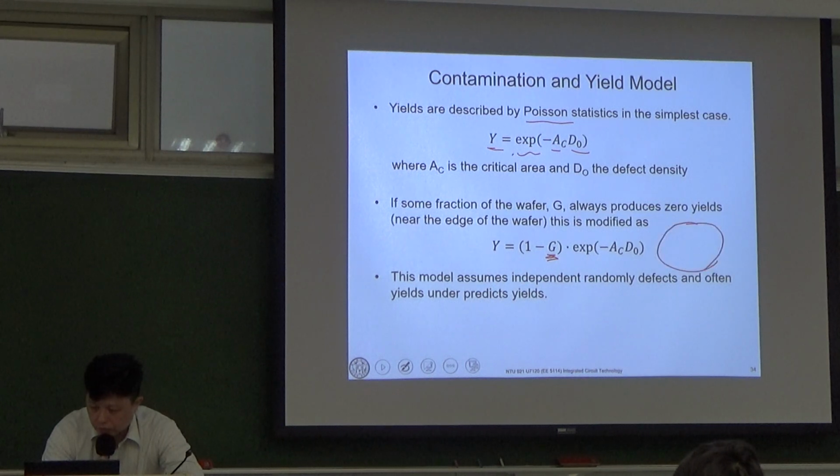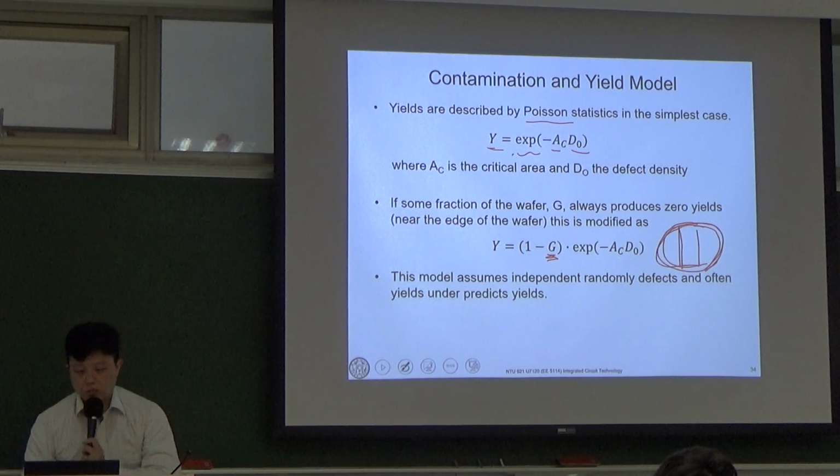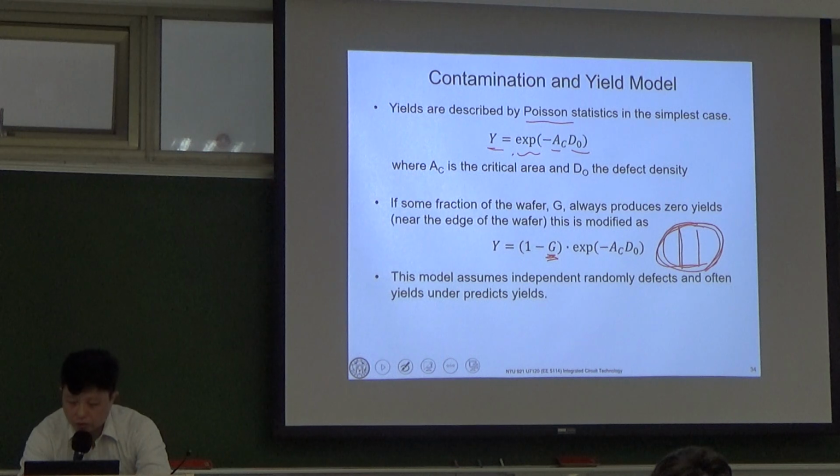Usually, the strip line or the outer region of your wafers won't produce any yield, so you can get rid of that part and not count it in your yield estimation.